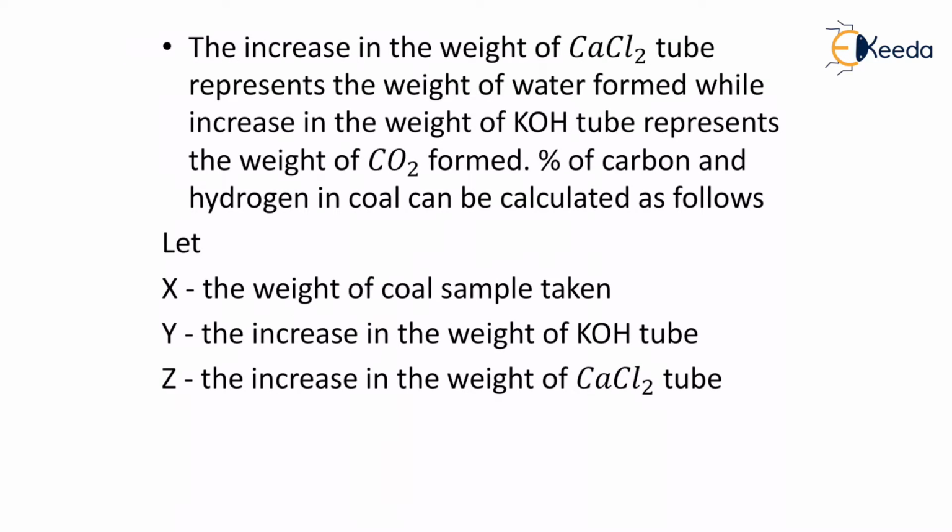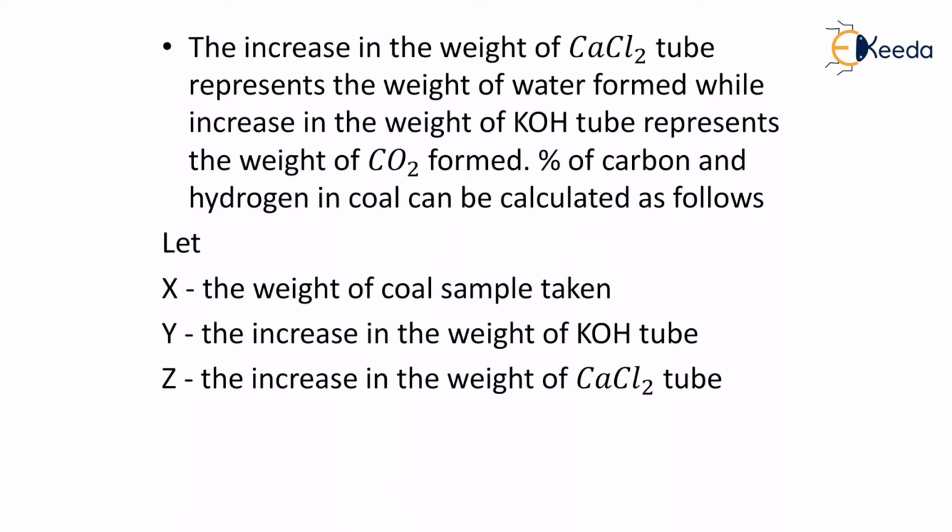The increase in the weight of the CaCl2 tube represents the weight of water formed, while the increase in the weight of the KOH tube represents the weight of CO2 formed. Why so? Because the CaCl2 tube absorbs all the steam which is formed, and the KOH tube absorbs all the carbon dioxide formed.